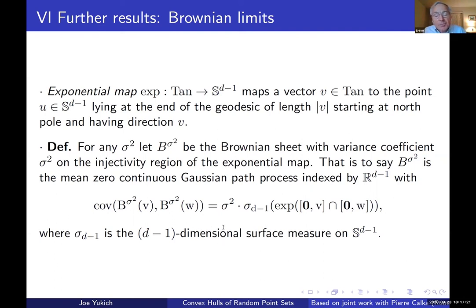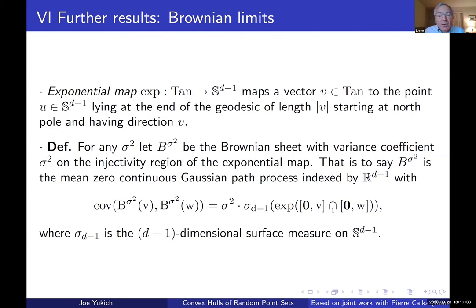So we take now 2 points, V and W, in R^(d-1). We look at the rectangles with corners V and W. One corner is the origin, the other corner is V. Likewise here.